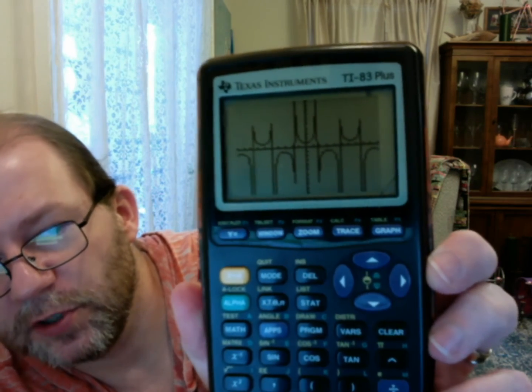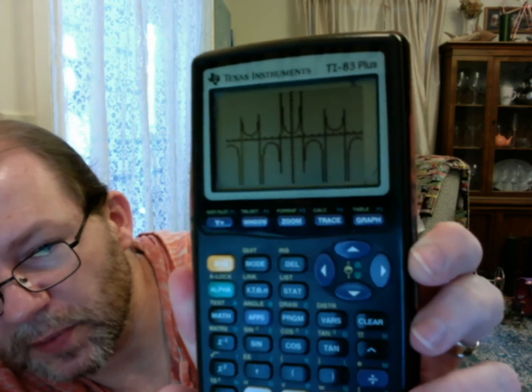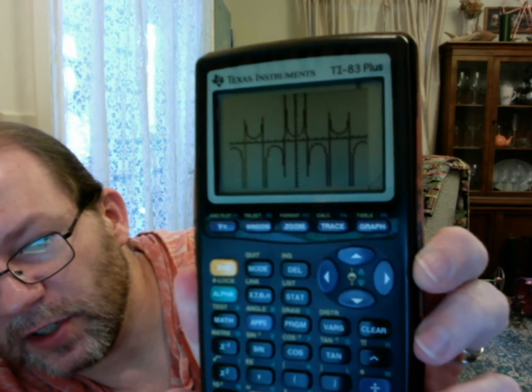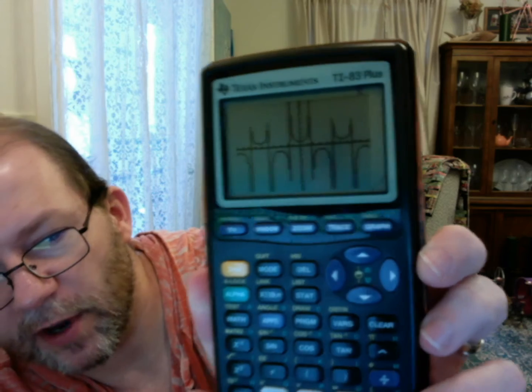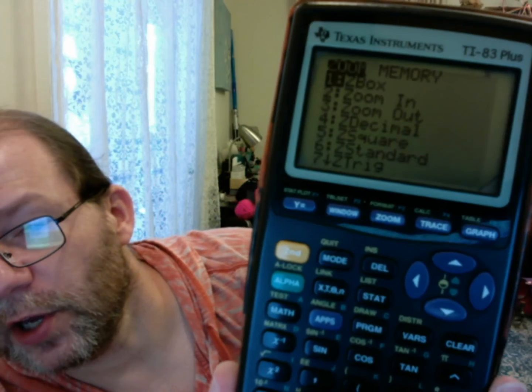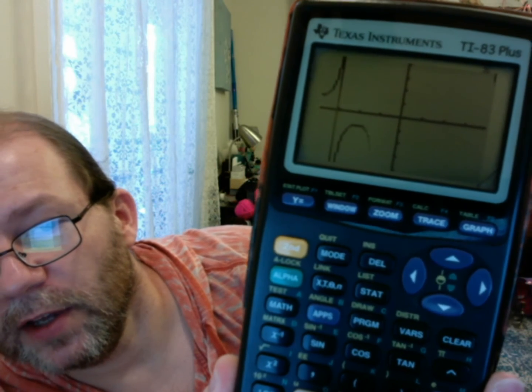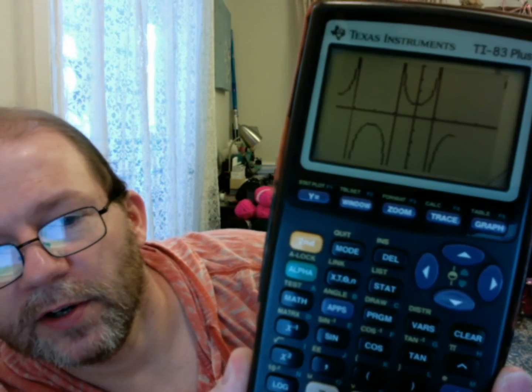Now the resolution on this is not as good as on Desmos, so you wind up seeing not as much of the u's, but it's there. Let me see if I can change the window. I'm going to set my zoom to zoom trig, and it's a little better.